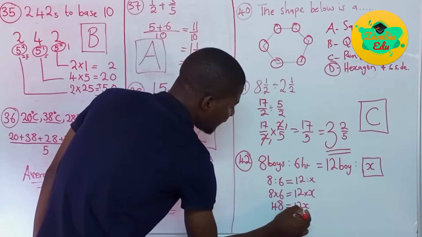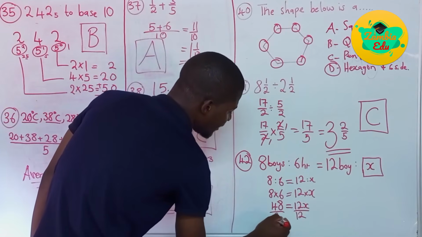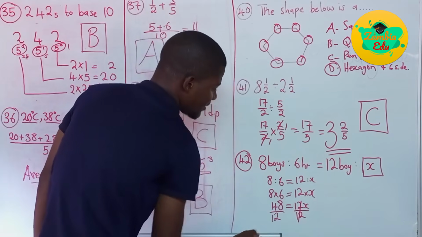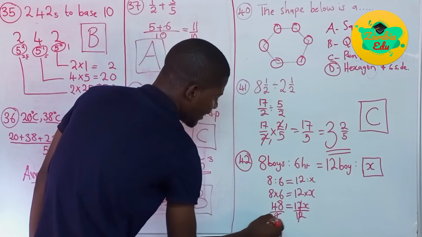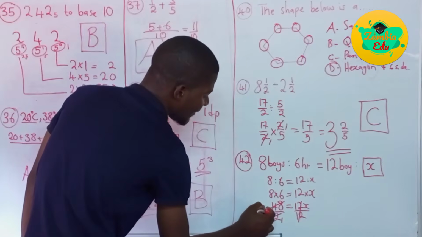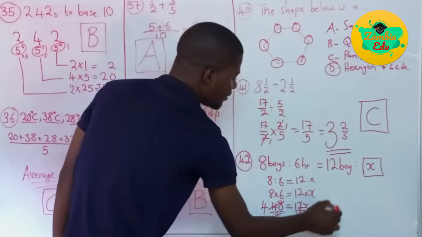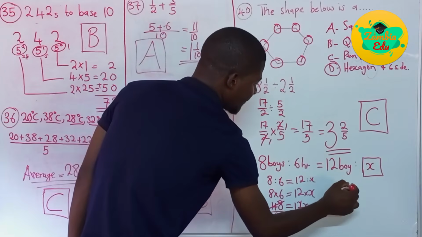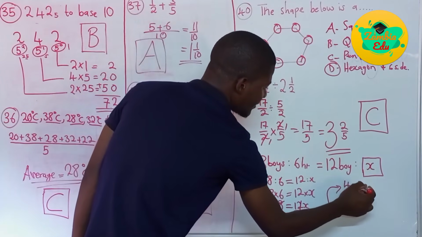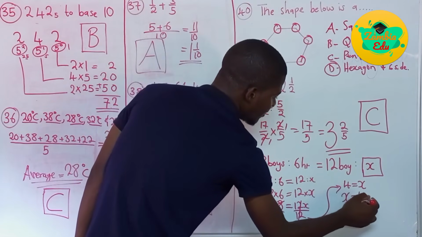We're looking for the value of x, so we divide by 12 on both sides. 12 cancels there. 12 into 48 is 4. So x is equal to 4.